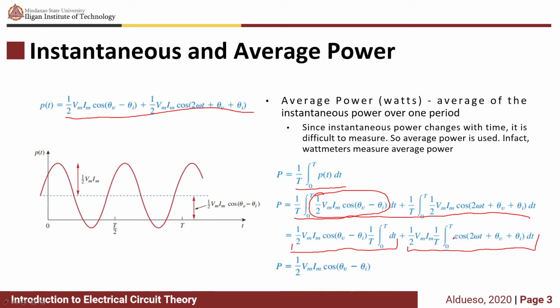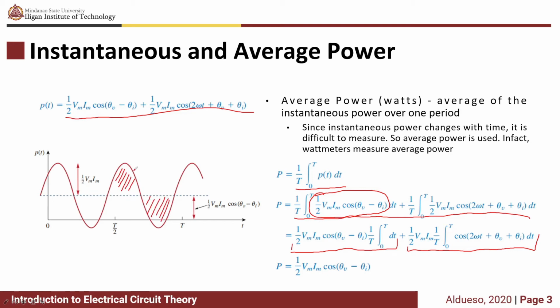Now looking at the second term, if we integrate a sine or a cosine function from 0 to T, or over one period, the answer is 0. Why? Because the integral is just like getting the area over one period. So we have this positive cycle and the negative cycle.